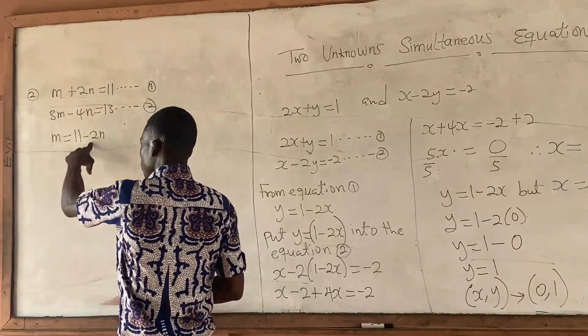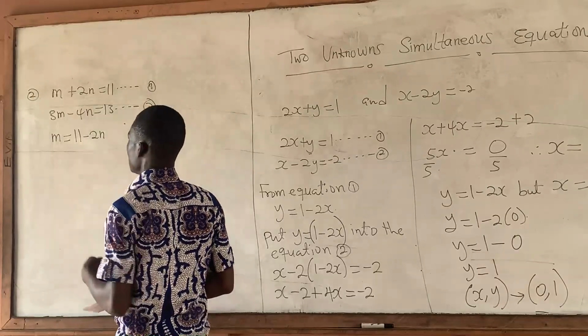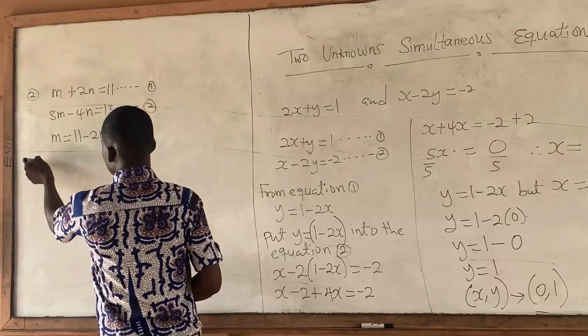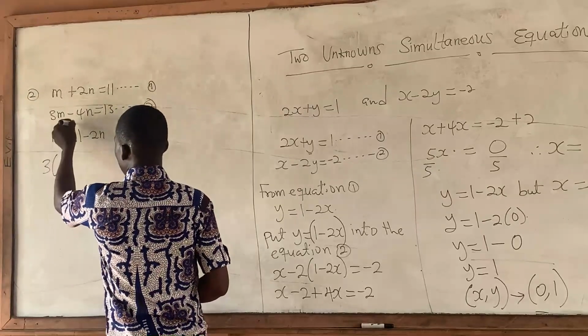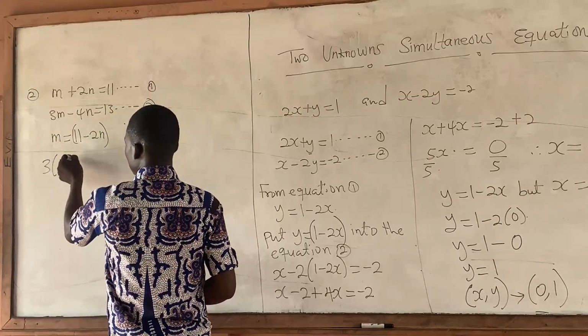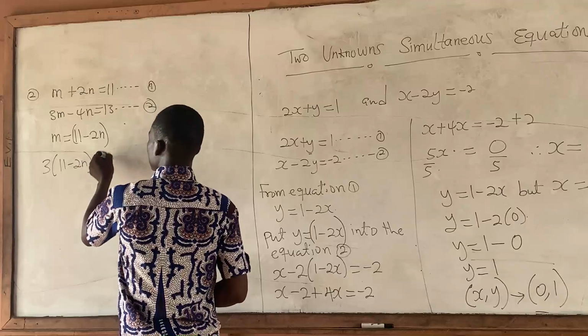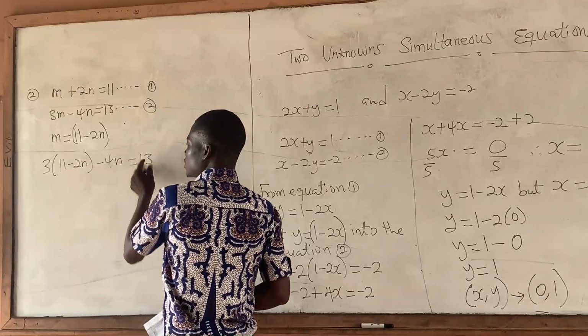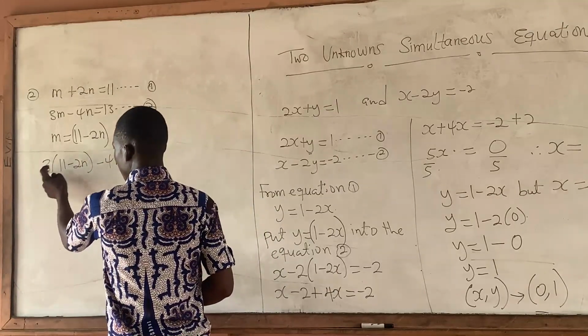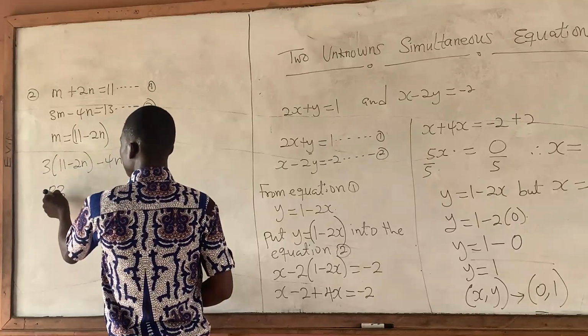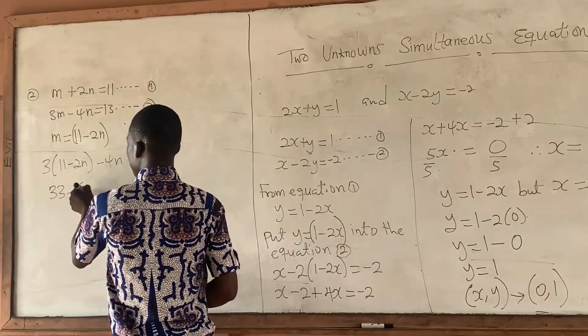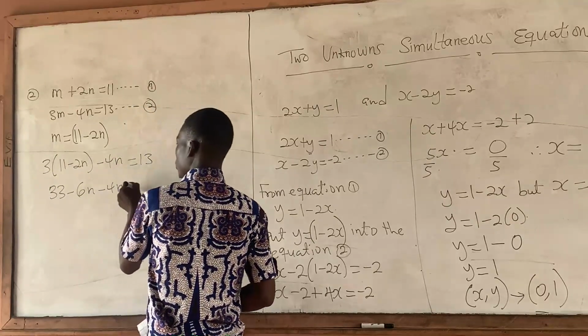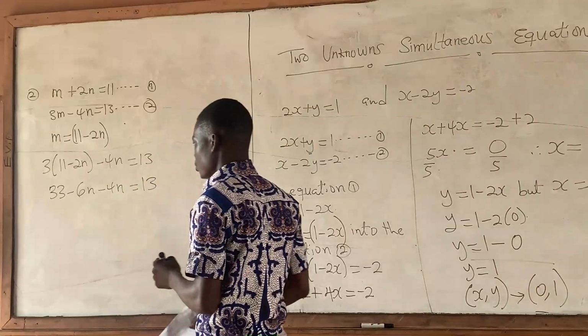So let's put the results into equation 2. Equation 2 is 3m, and m is 11 minus 2n, minus 4n, which is equal to 13. So 3 times 11 is 33, minus 6n, minus 4n, equal to 13.